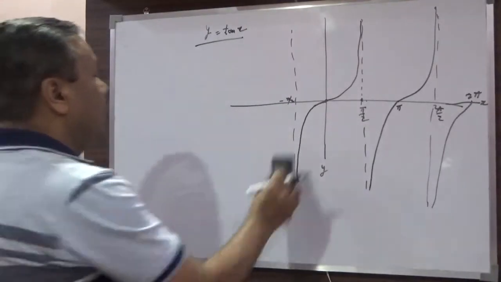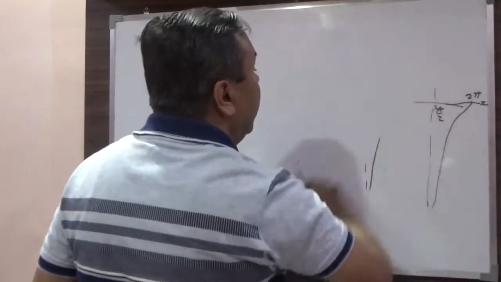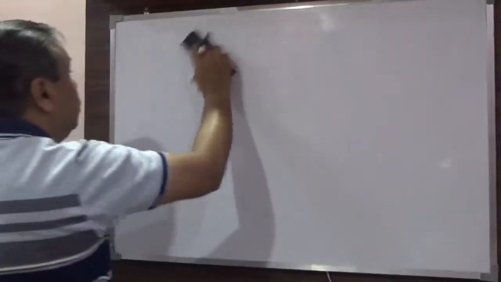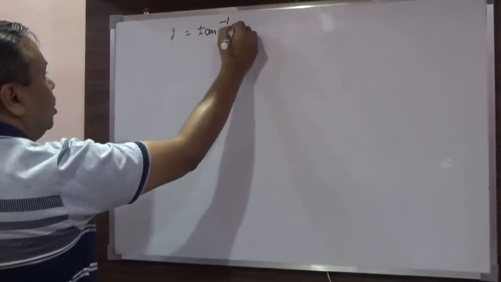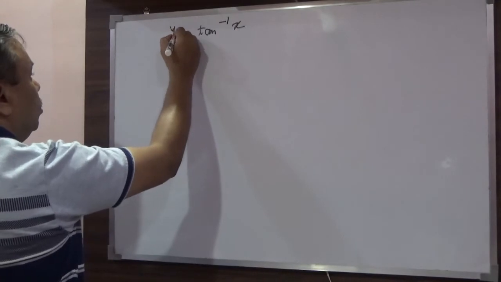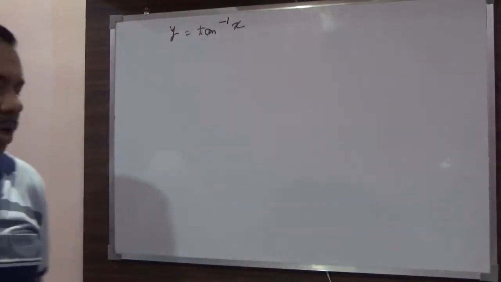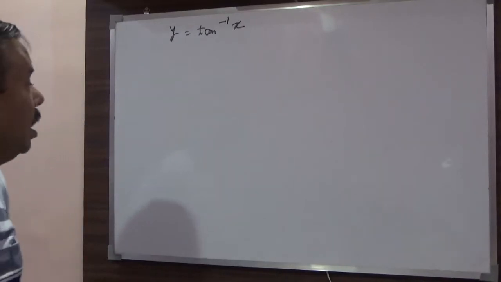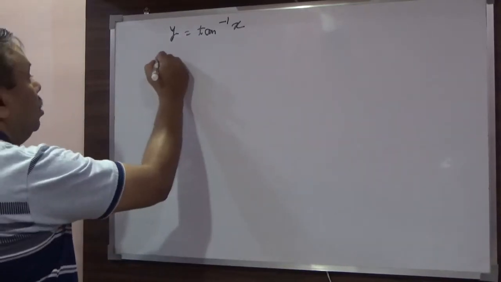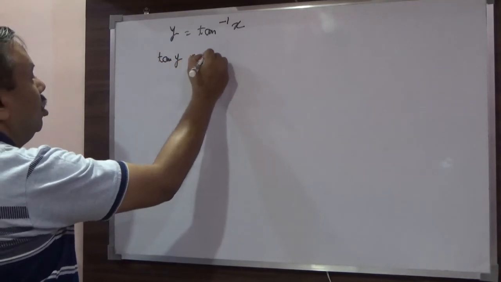So now in case of the inverse function, what I will get is y equal to tan inverse x. Okay, y will be equal to tan inverse x. That means tan y is equal to x.